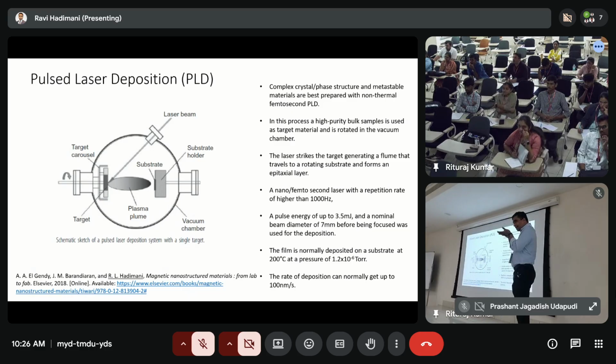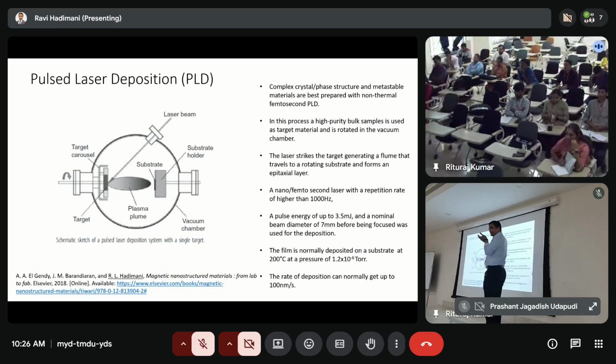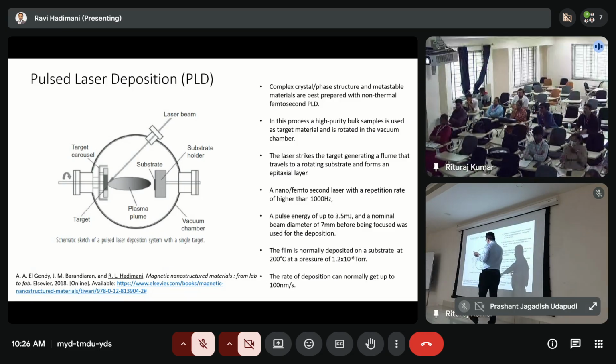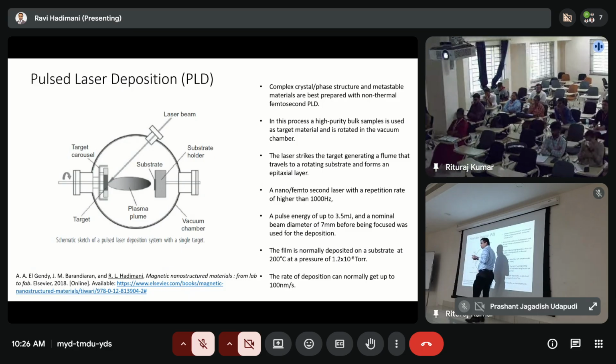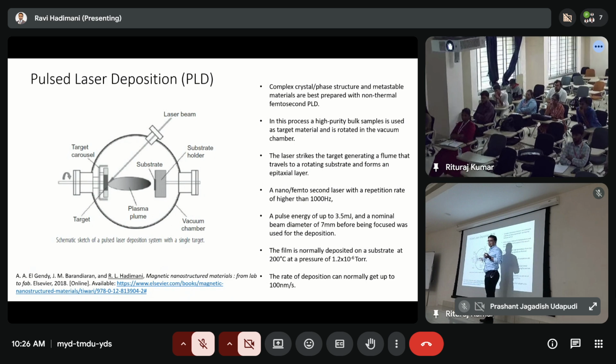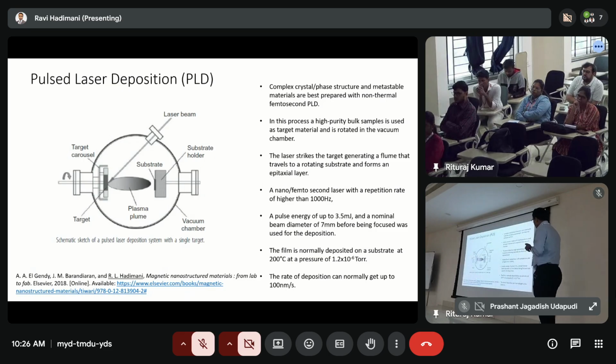It creates a melt pool only in the small area it hits, and that fume comes out. So you can have deposition at low temperature in this. You can put polymers inside here to get the deposition. You won't damage polymers.